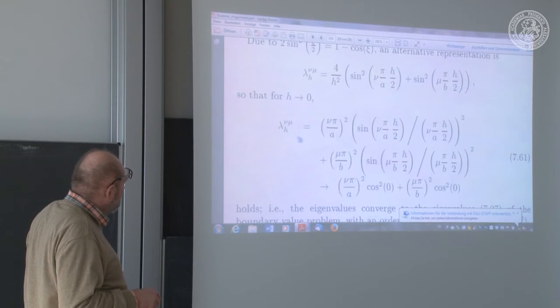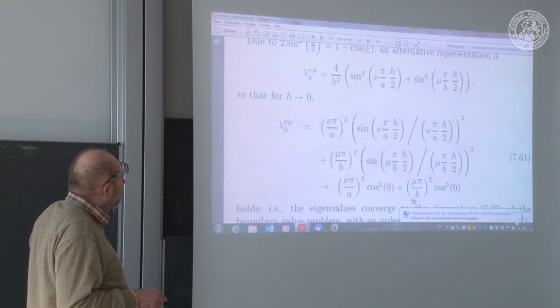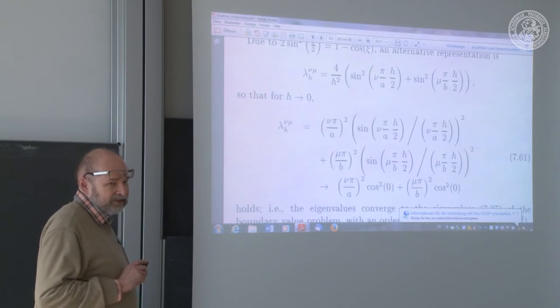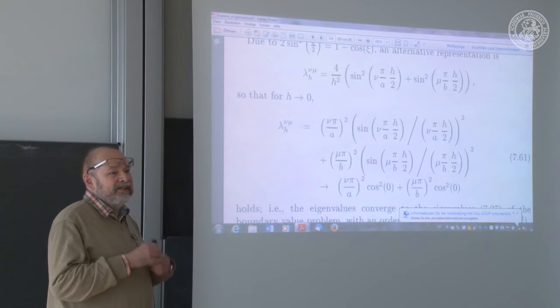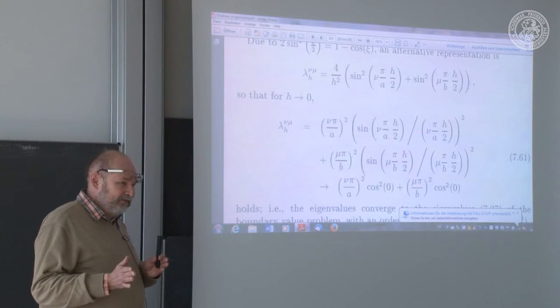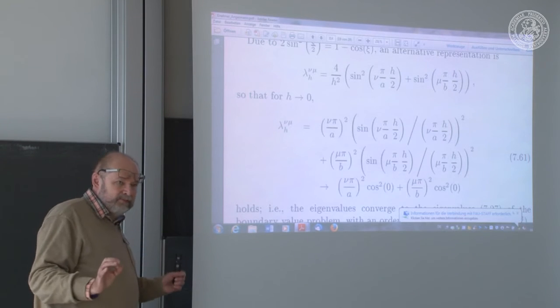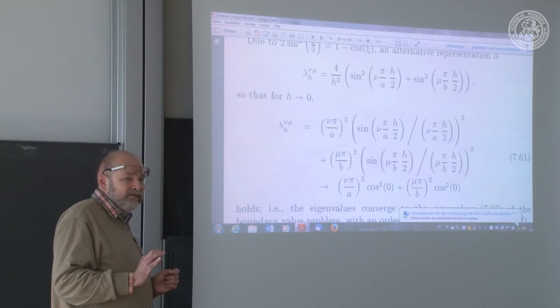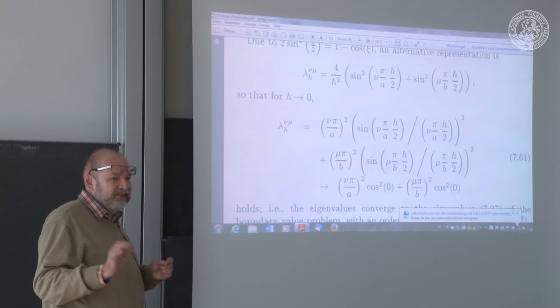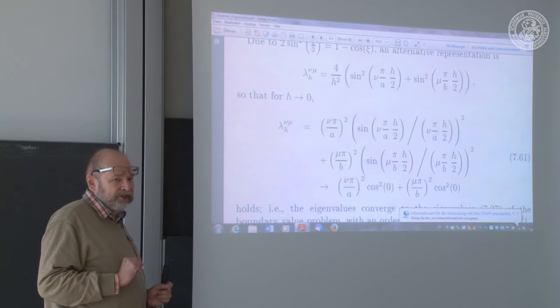So this is good because these are now the eigenvalues of the continuous problem. So the eigenfunctions are the same up to the ones we cannot represent at the grid points, and the eigenvectors, eigenfunctions, and the eigenvalues converge.